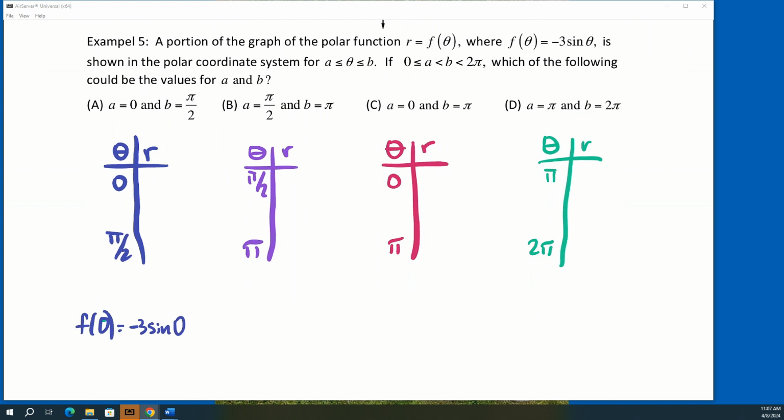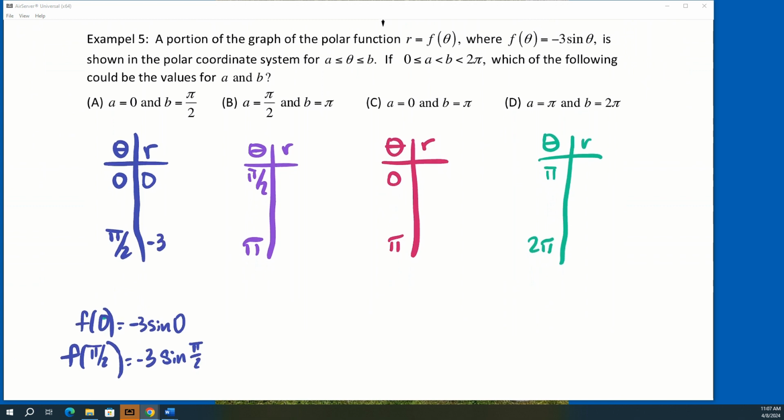I would like for you to know sine of 0 is 0, just off the top of your head, really fast. And then I would plug in pi over 2. The sine of pi over 2, you can use your unit circle. That's the point that's straight up. The y-coordinate there is 1, so 1 times -3 is -3.